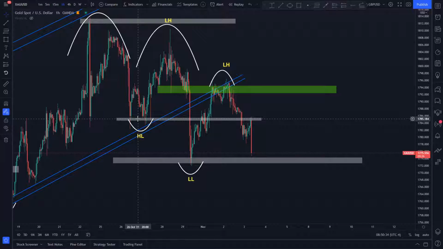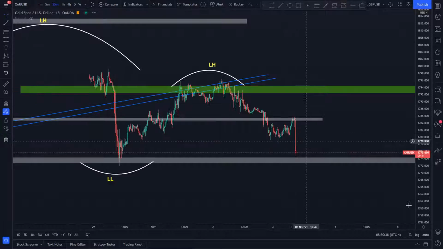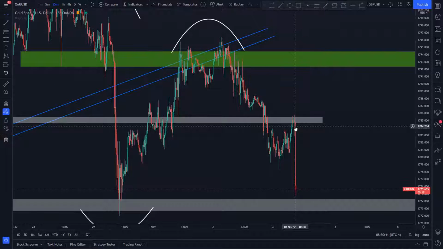So that would have been a nice setup there, and you would have caught this huge drop on gold. Also the break of retracement, exactly.